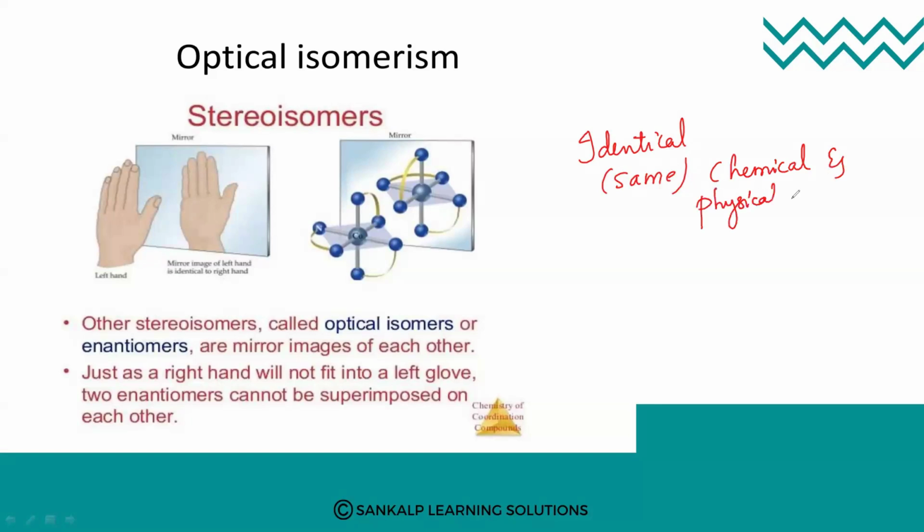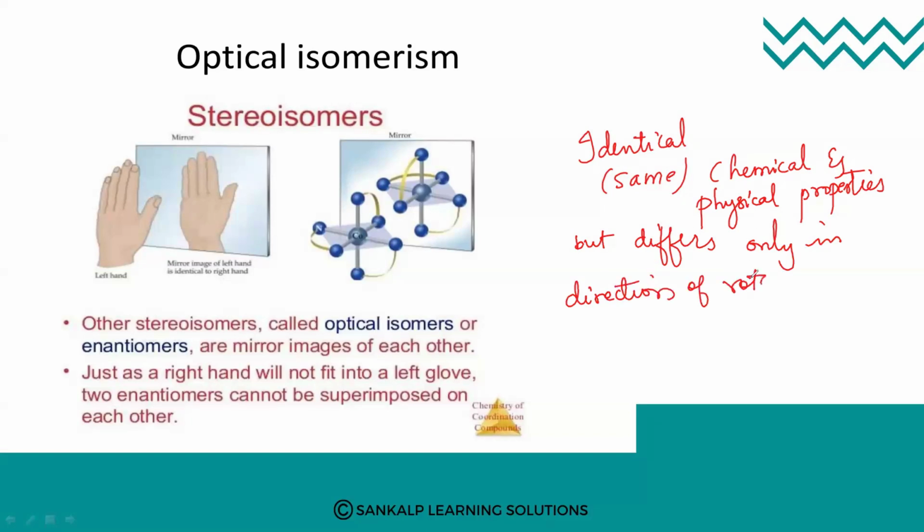Their physical and chemical properties are the same. So where do they differ? They differ only in the direction of rotation of plane polarized light, that is, the direction of PPL. Then they are called what?